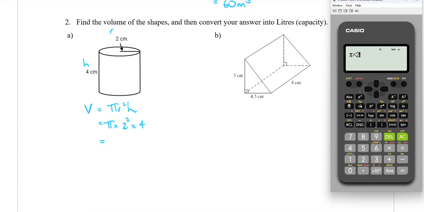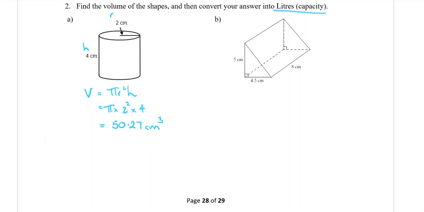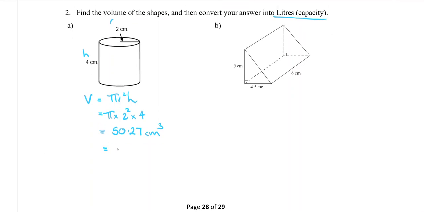Pi times 2 squared times 4 is 50.27, and that is centimeters cubed. But we need to turn this into capacity. So remember, centimeters cubed are exactly the same as milliliters.